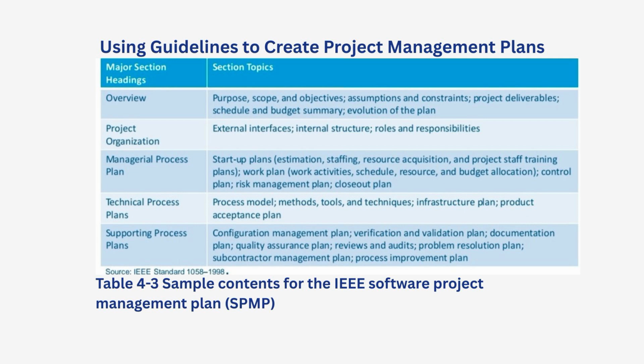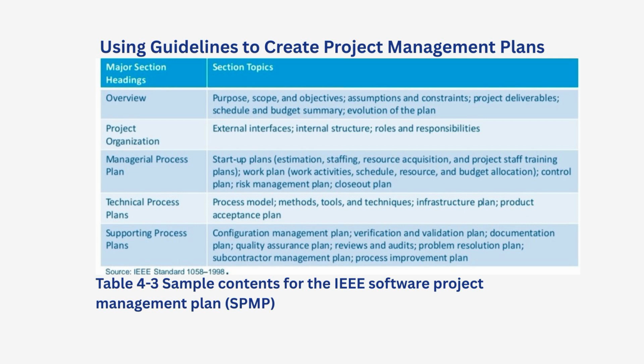This table shows the structure of a complete project management plan. Each section ensures that all aspects, from goals and organization to execution, quality, and risk, are properly planned and documented.